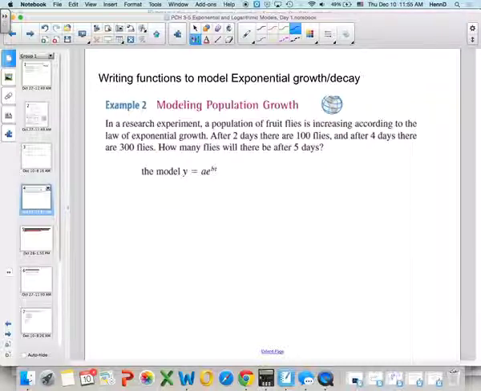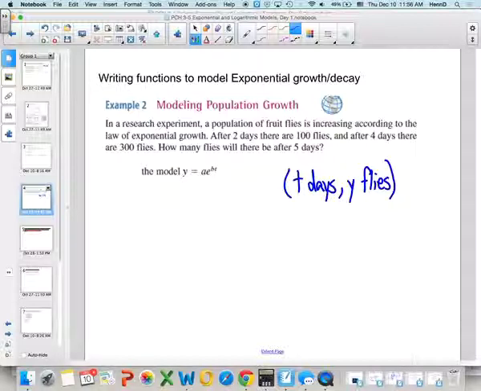But what we've been given in the information of the problem is 2 points in the situation. We've been given a point where t is the number of days and y is the number of flies.